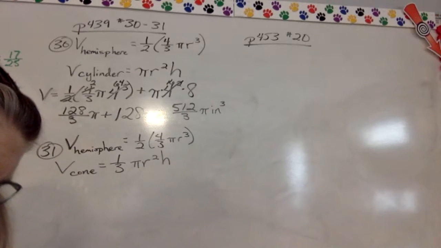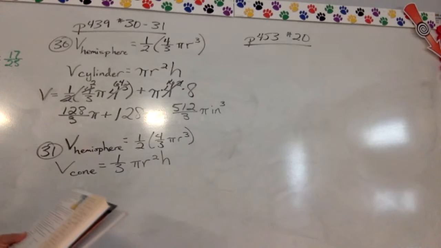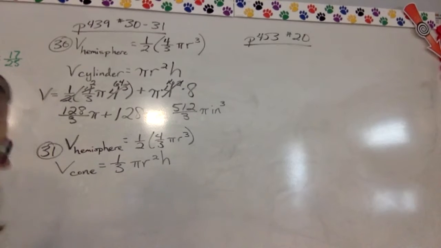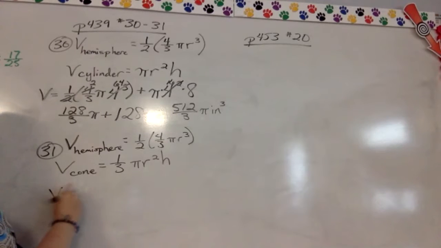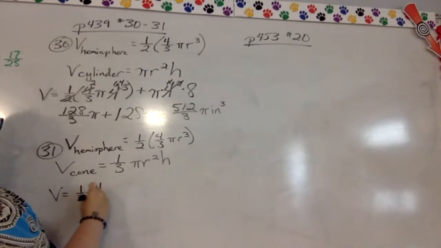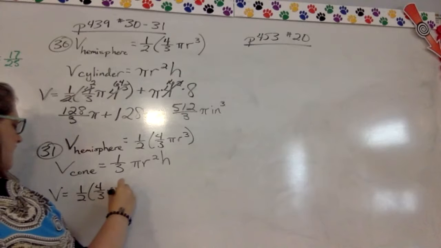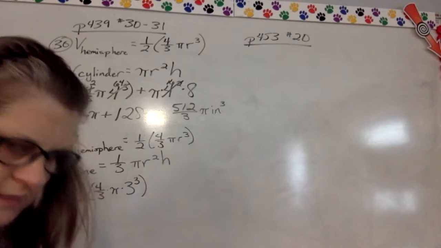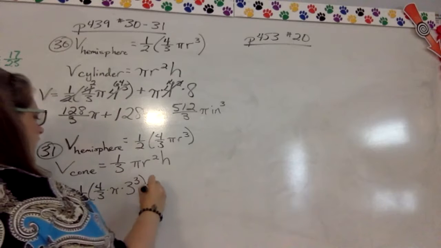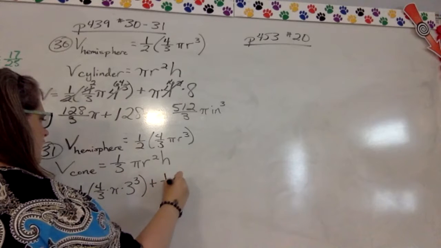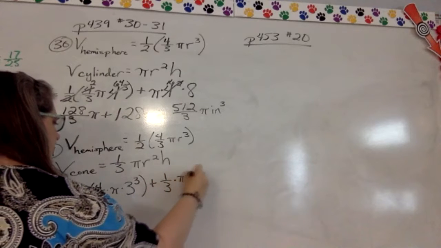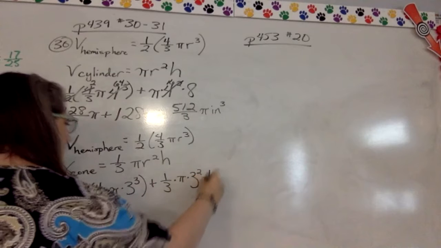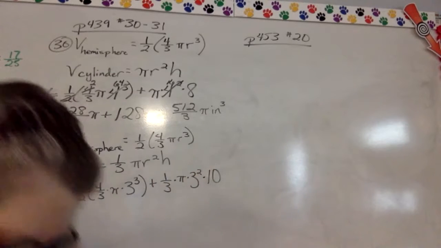Okay, so you have to look at your picture, see that your radius is 3 centimeters and your height is 10 centimeters, and then we plug that in. So I will have my volume is equal to 1/2 times 4/3 times pi times the radius 3 cubed, because that was my radius from the picture, plus 1/3 times pi times 3 squared times my height, which was 10, correct?